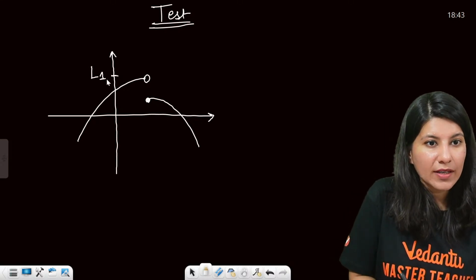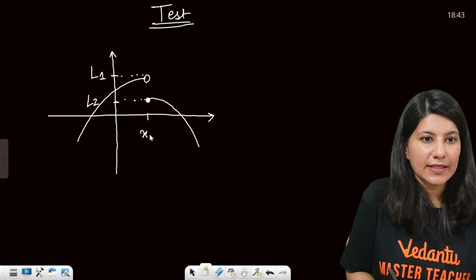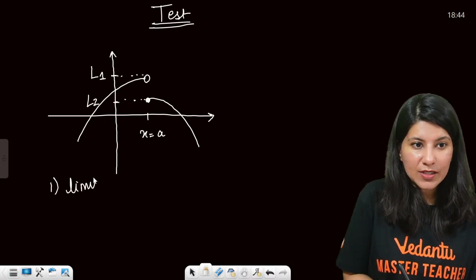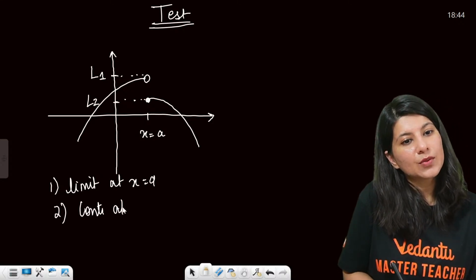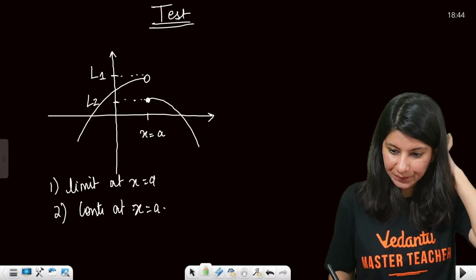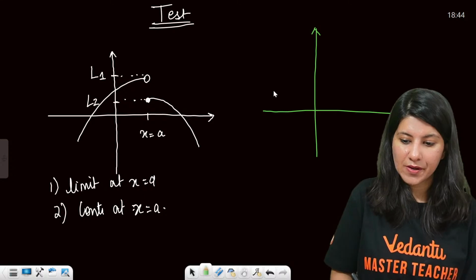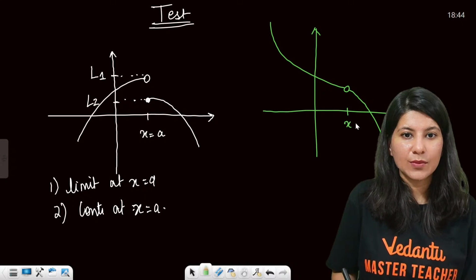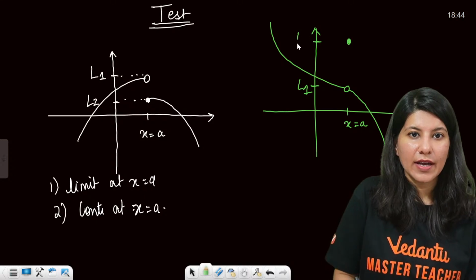This is L1, this is L2, and this is x equals a. You have to tell me about the limit at x equals a, and second, continuity at x equals a. Just tell me in the comment section. And what about this? This is the graph, this is x equals a, this is your L1 and this is your L2.